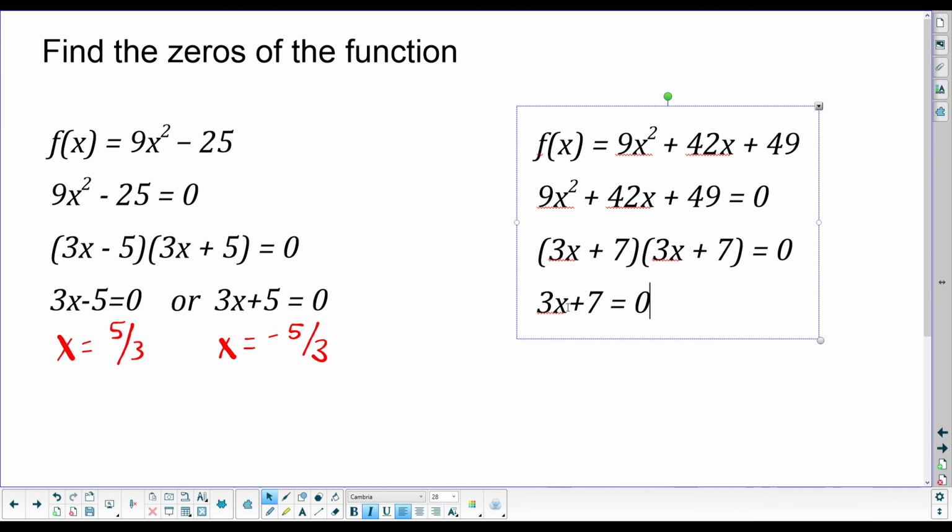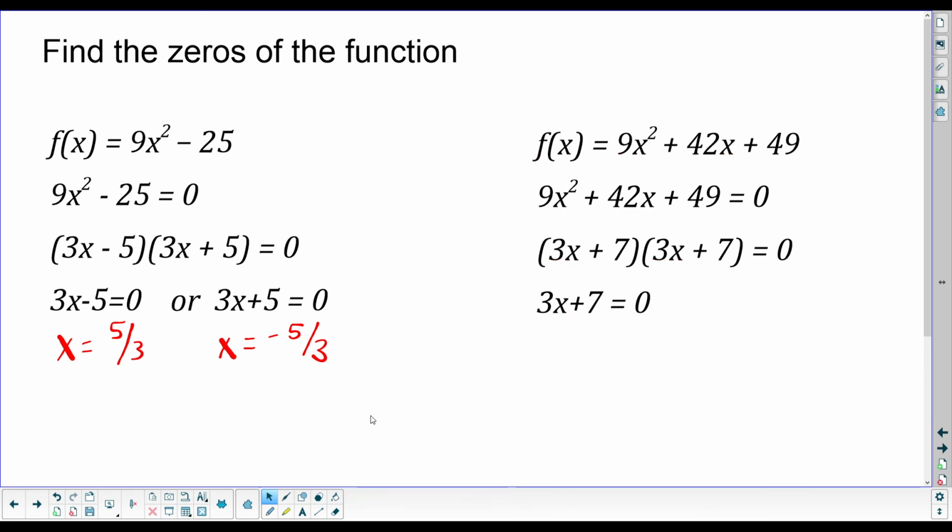I can tell right here that this is only going to have one x-intercept. And it's going to be where 3x plus 7 is equal to 0. And if I solve that, I get x is equal to negative 7 over 3. Okay, so this parabola will come down and only touch that x-axis one time.